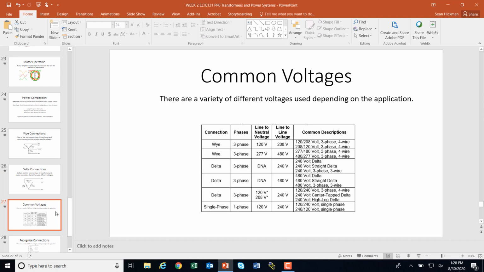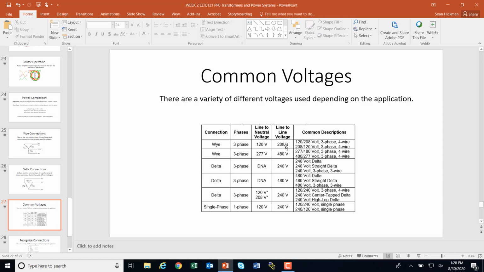You have a lot of different voltages that we might use. 208, 277, 480. These are some common voltages and some common connections that you'll get with this between the Ys and the deltas. Okay, and your line voltage is the difference between line 1 and line 2, line 2 and line 3, and line 1 and line 3. Those are the three.